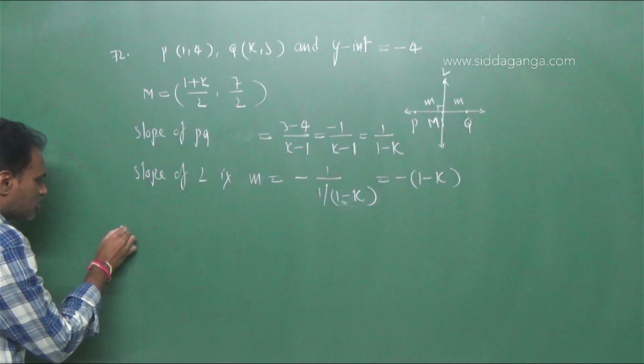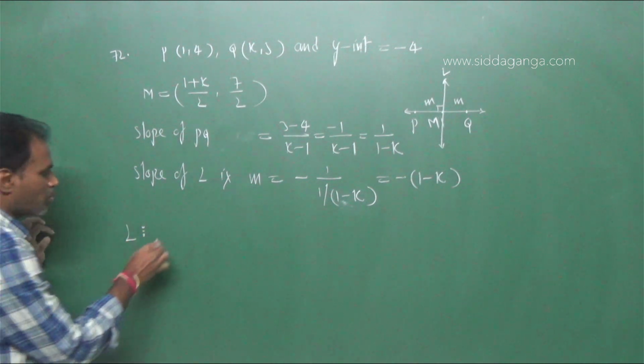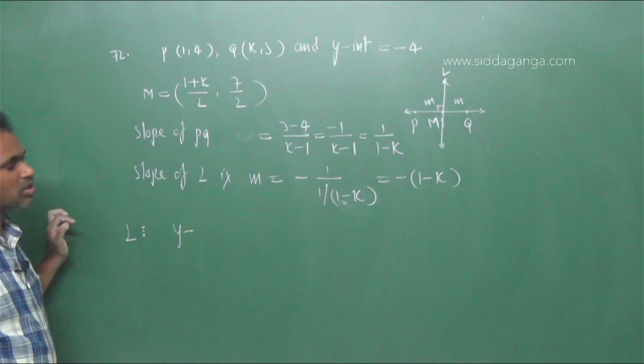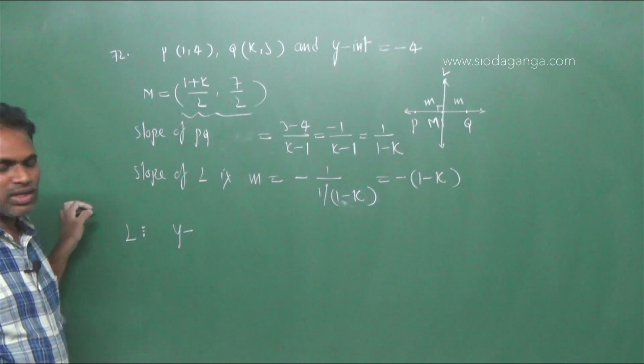Therefore, we have to find the equation of the line. This line passes through the point M and its slope is minus (1 minus k). The point-slope form of the equation of a line is y minus y1 equal to m into (x minus x1).